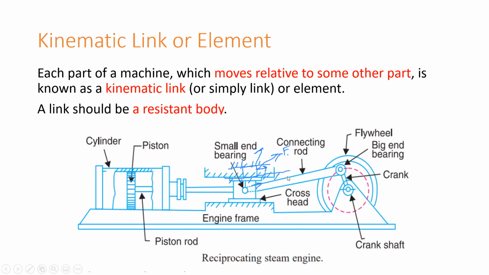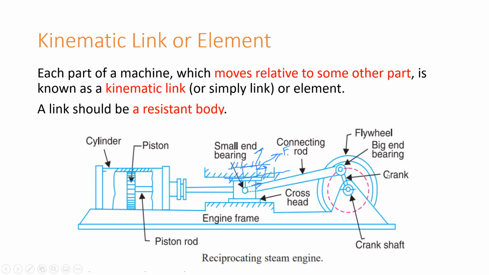The third is the connecting rod and crank, connected at this point. They are in contact, and the motion between them is again constrained. Only angular motion is possible, so it is the third kinematic pair.